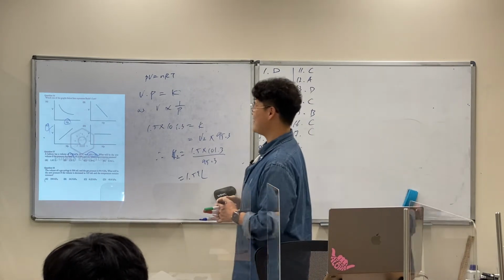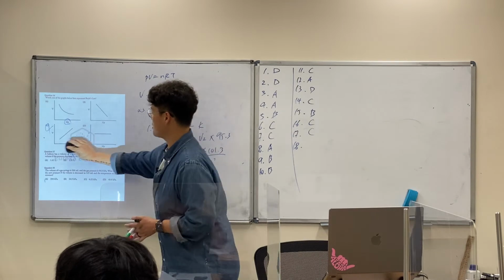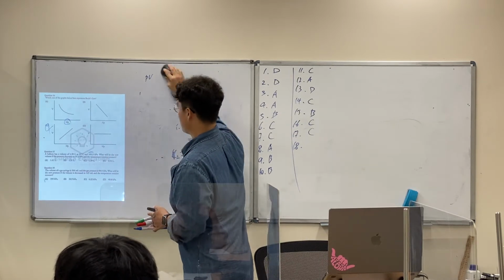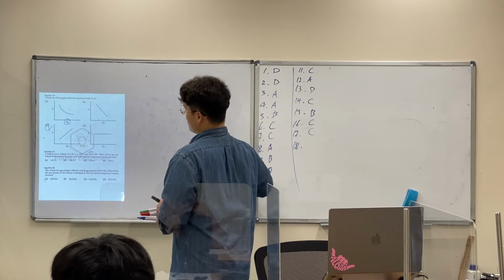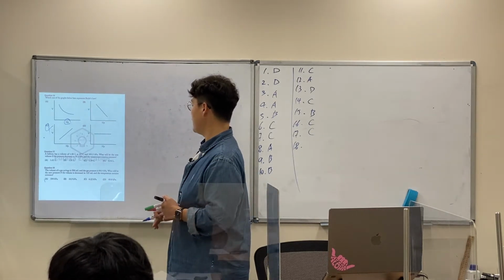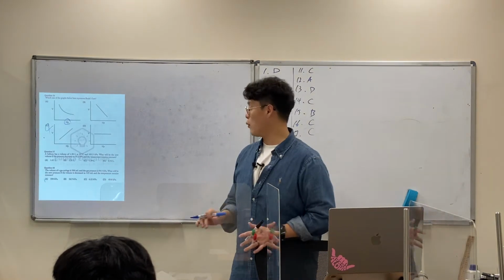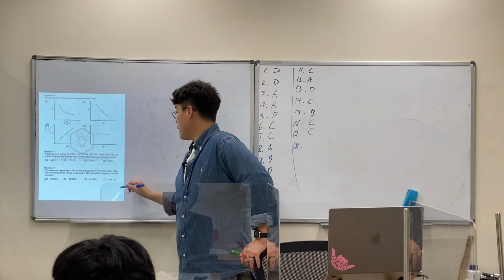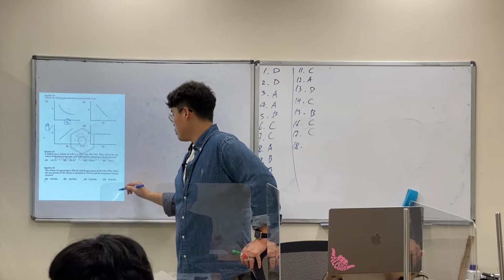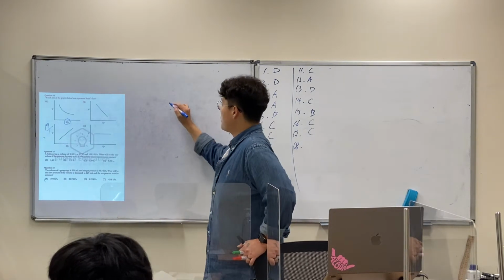All right, 18. The volume of gas syringe is 500 mL and the gas pressure is 99.5 kilopascals. What will be the new pressure if the volume is decreased to 225 milliliter and the temperature remains constant?